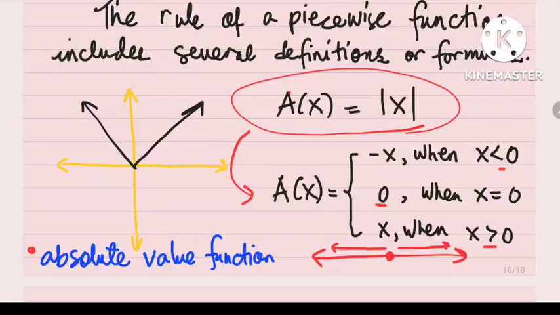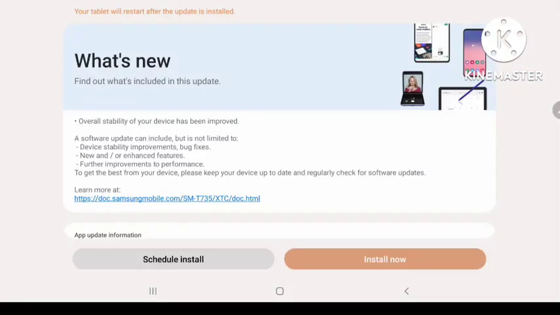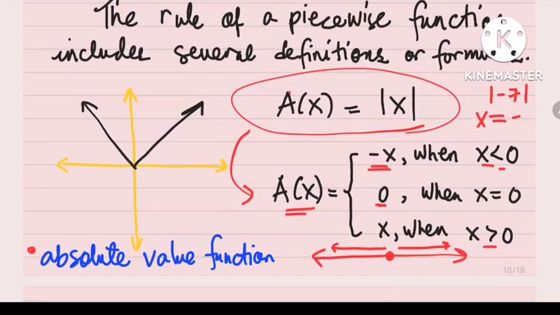Because the value of your function when x is less than 0 is equal to the negative of what's inside. For example, the absolute value of -7. So your x is -7, a number that is less than 0.